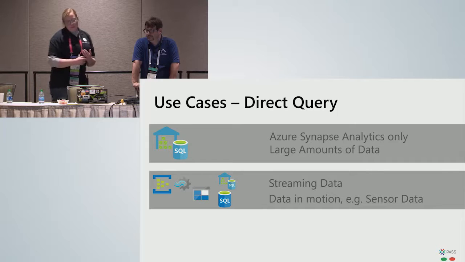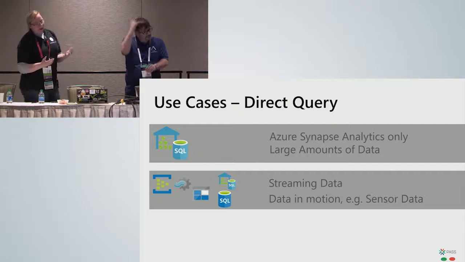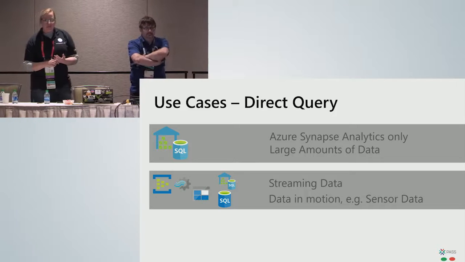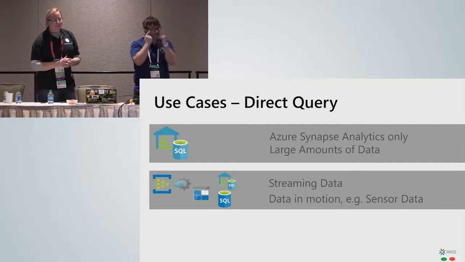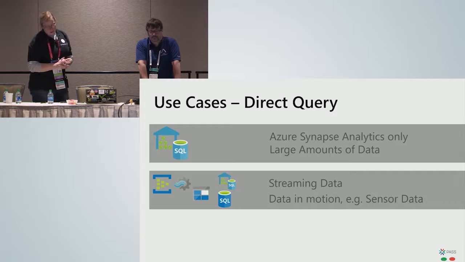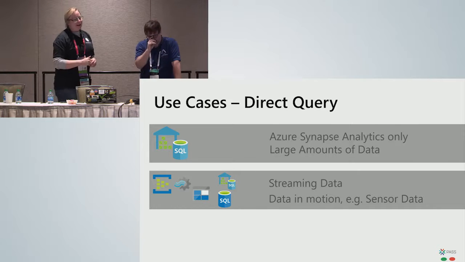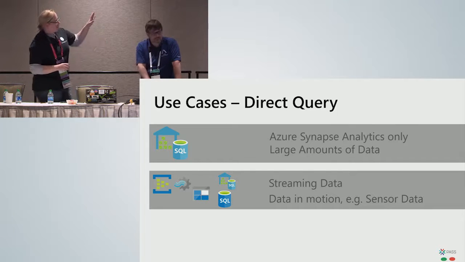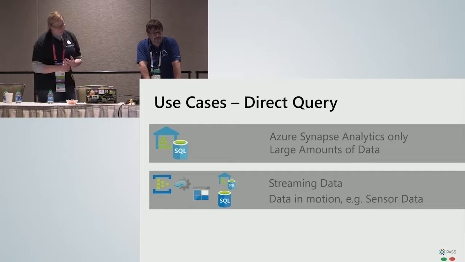So we tried to create different use cases that could be applied for the two main setups of the aggregation table. Is the aggregation table in direct query or in import? And I think I mentioned a lot of Azure SQL DW so far, so I will hand over to your approach.